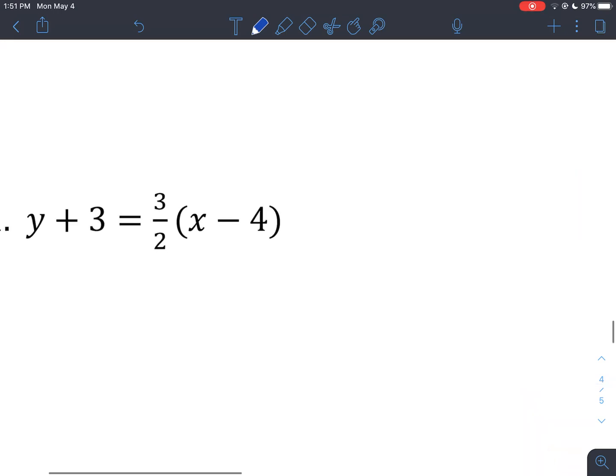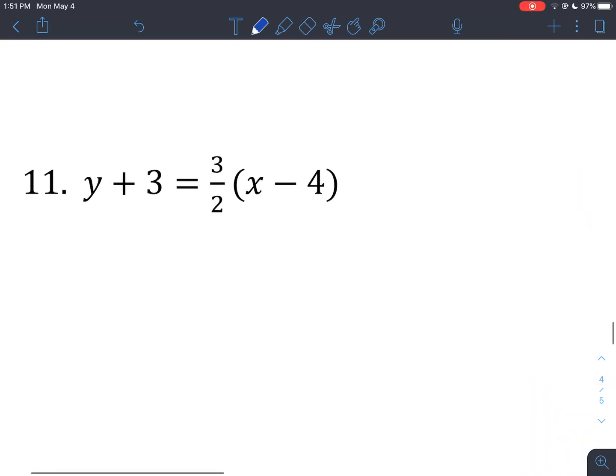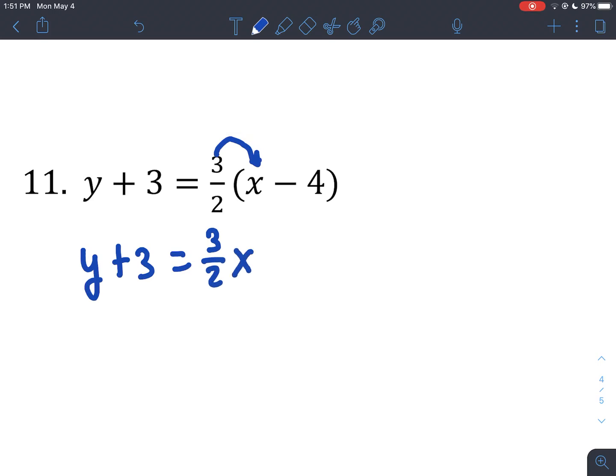Now, don't fear the fraction. Welcome the fraction like a friend, right? So let's go ahead and distribute that. So this 3 over 2 times x is just going to be 3 over 2x. 3 over 2 times negative 4. Okay, minus, so that makes it negative. So we're multiplying 3 over 2 times 4. Now when we multiply fractions, remember we multiply straight across.